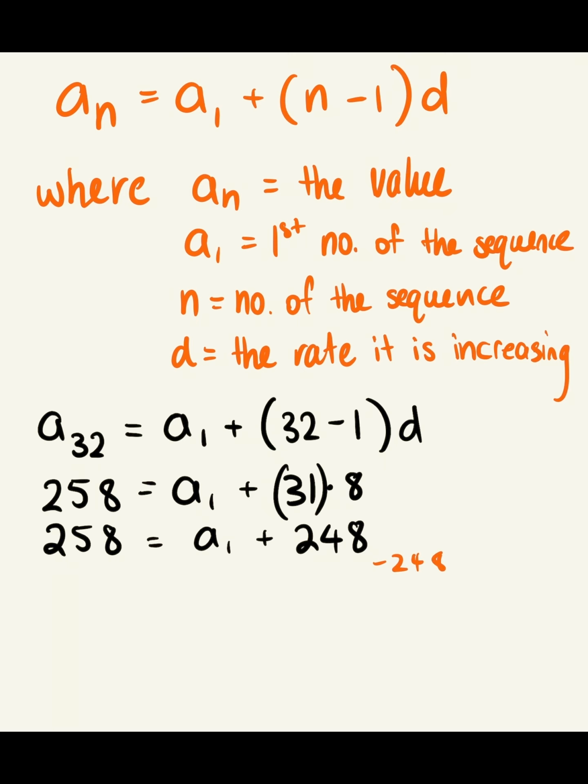And then we simply subtract 248 from both sides to cancel out the 248 to get our A1 isolated on its own. And that's going to leave us with 10 equals A1 plus 0, and obviously anything plus 0 is just itself, so that's going to be 10 equals A1, which is what we had originally, so that's correct.